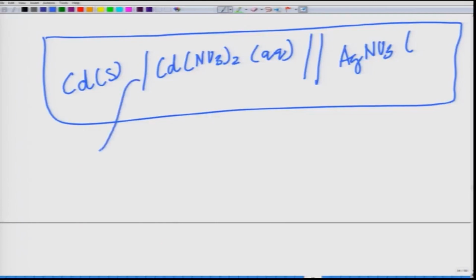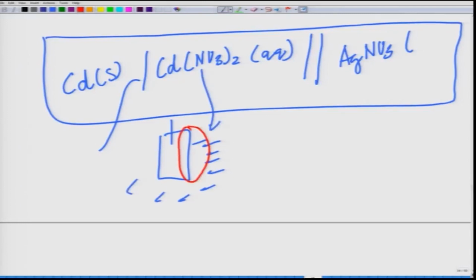This is the first phase boundary, with cadmium nitrate as the electrolyte, so you have the cadmium electrode in contact with cadmium nitrate. This phase boundary is shown by this one line, and then you have the salt bridge shown here.